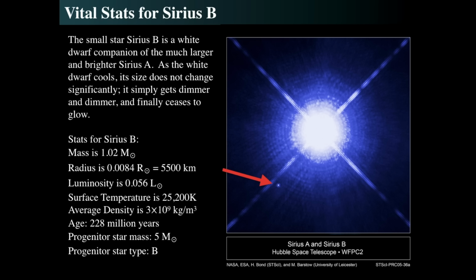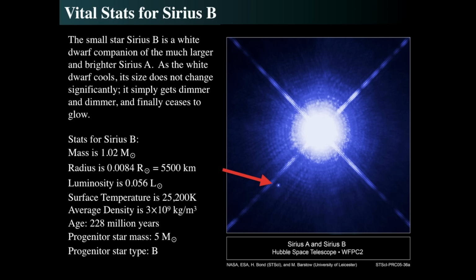But the statistics on Sirius B are interesting. It's a little bit bigger than the mass of the sun, meaning the mass is greater, but the radius is much, much smaller. It's less than 1% of the radius of the sun, 0.84 of 1% of the radius of the sun, which means that's about 5,500 kilometers, which is about the size of the Earth. And the luminosity is very tiny, only 5.6% that of the sun.